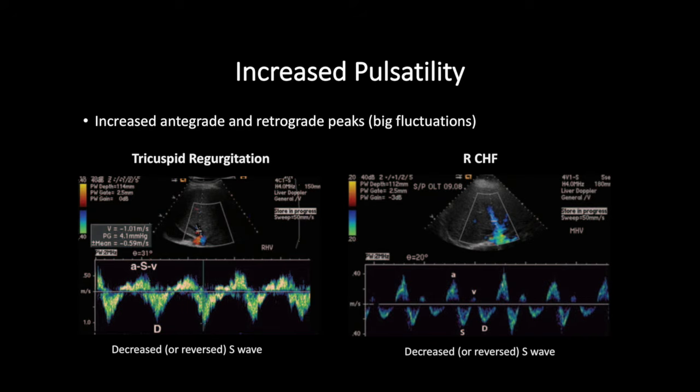So in pure right heart failure, the issue is that the right atrium is filled with blood all the time because the right heart isn't pumping well enough. So you're going to get big retrograde A and V waves. That's the hallmark of heart failure. These A and V waves are bigger and retrograde.